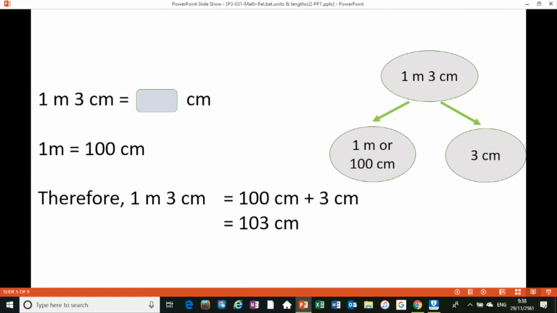We know the 100 centimeters is 1 meter, but we have 3 centimeters left over. We can't just ignore it, we still need to carry it. So 1 meter, 3 centimeters is 103 centimeters. Okay, guys? Understand? Good.